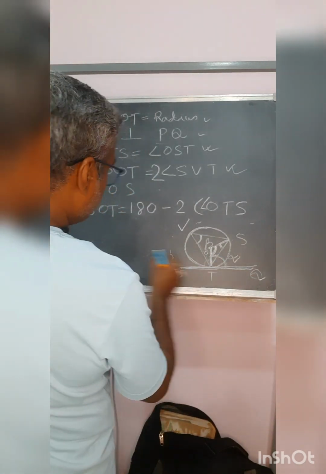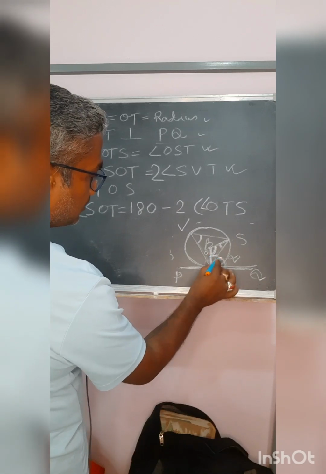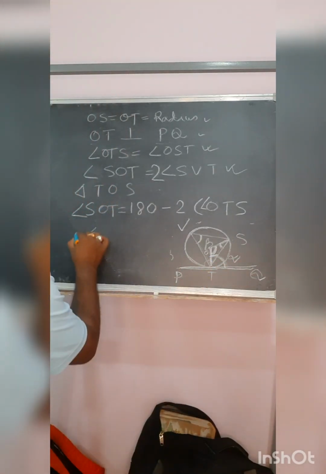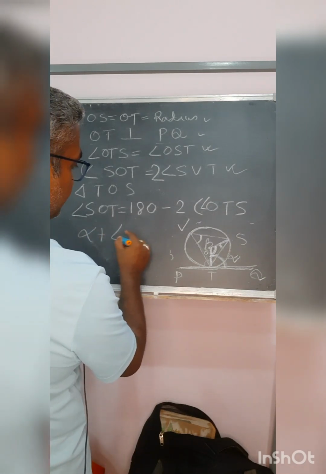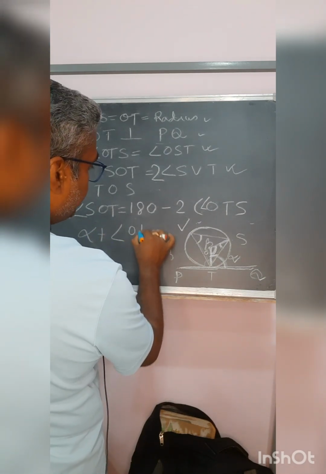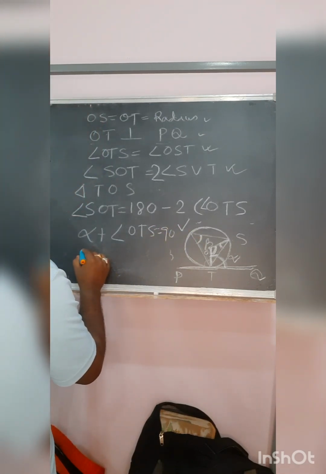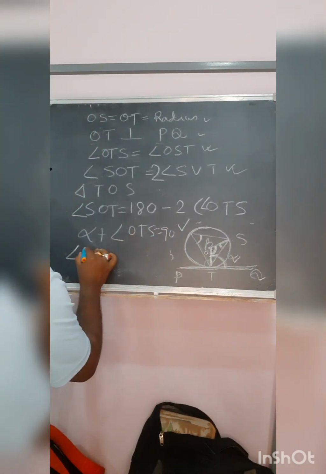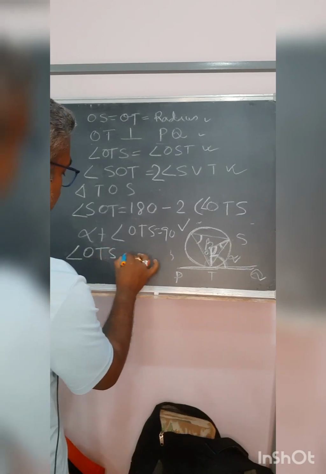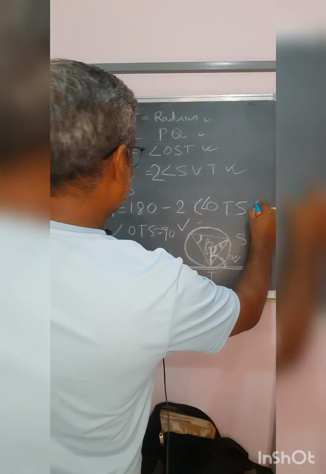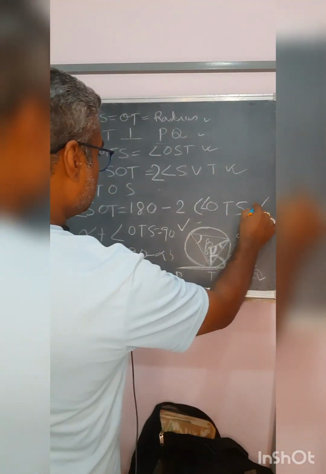So from here I can say alpha plus angle OTS is equal to 90 degrees. So OTS is equal to 90 minus alpha. Okay, this is one relation already established.